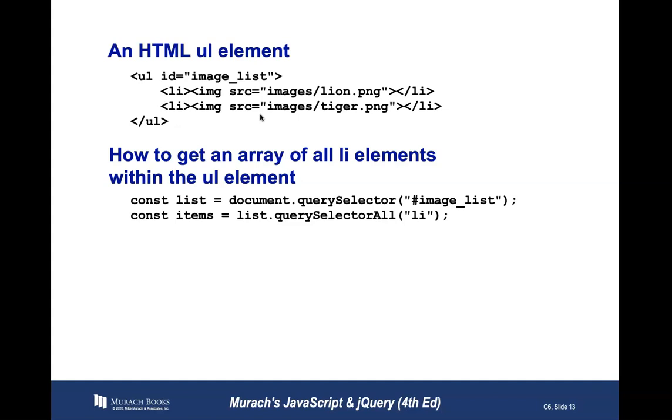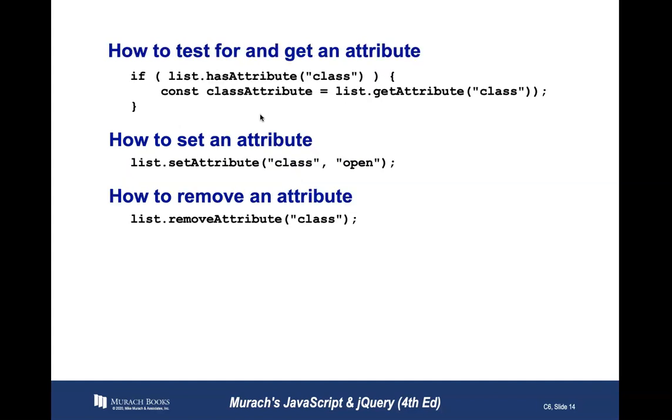So you have to grab something before you can use querySelectorAll generally. Otherwise, you could say, okay, document.querySelector li, and that would work as well. Web pages are usually so complicated and convoluted that you try to get the parent element and then do your querySelectorAll, because it'll cut down on how many things you get.